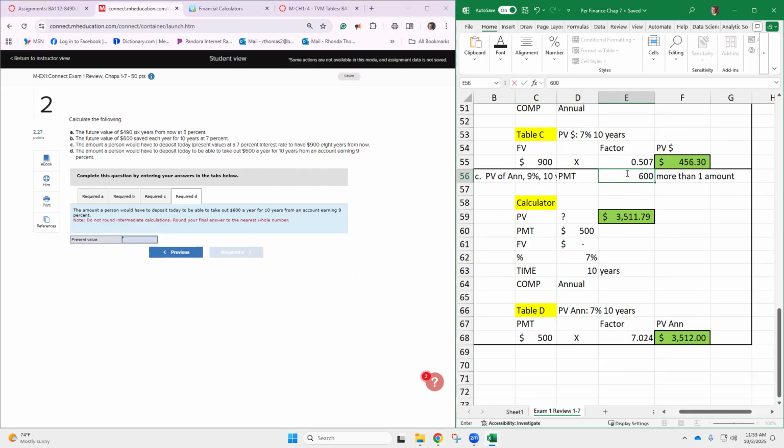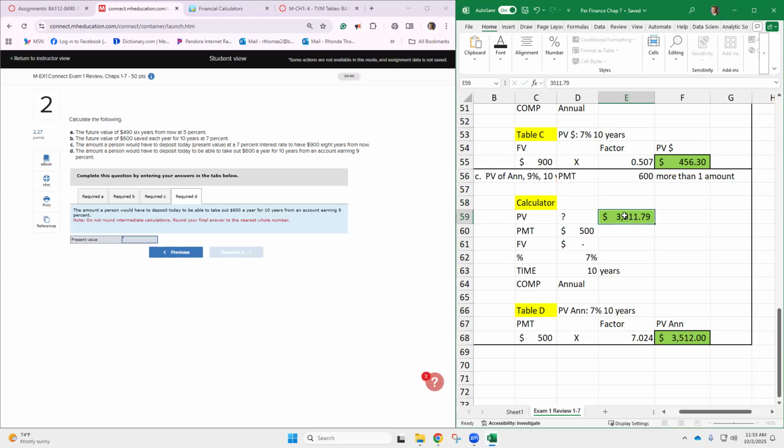So if you thought about that from a perspective of today's money, that'd be like having a pot of $6,000 that you would pull out 10 times. But we're including time value of money now. So we should be able to put aside less than the $6,000.